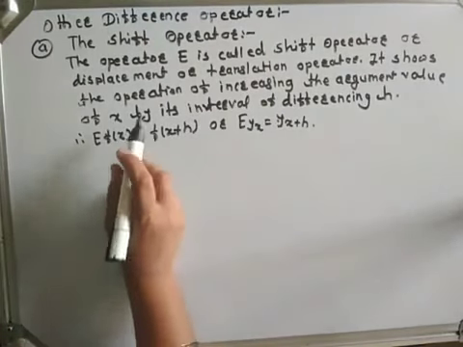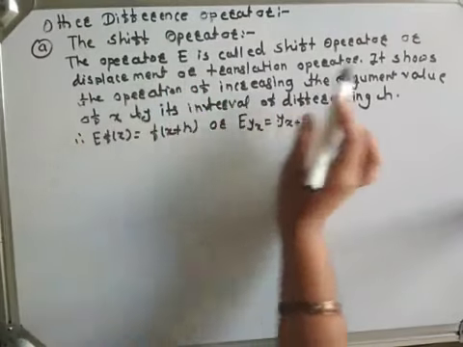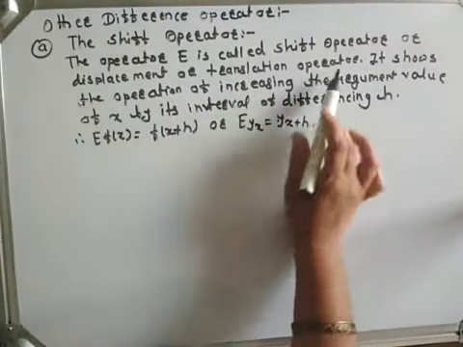Okay, see here. The operator E is called the shift operator or displacement or translation operator.